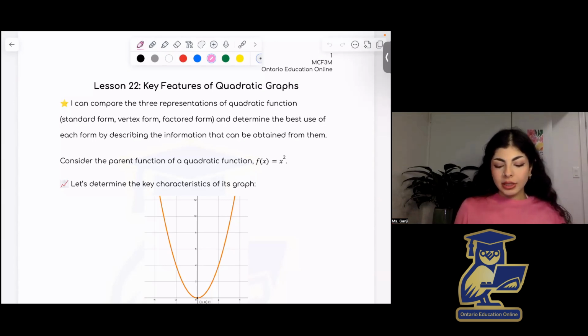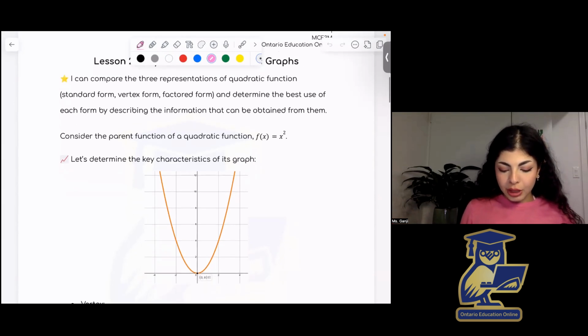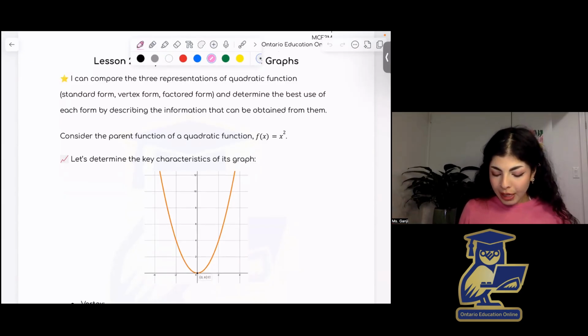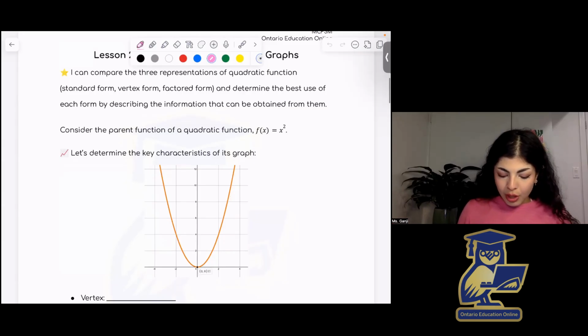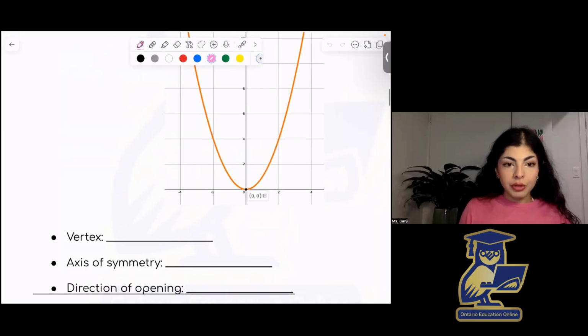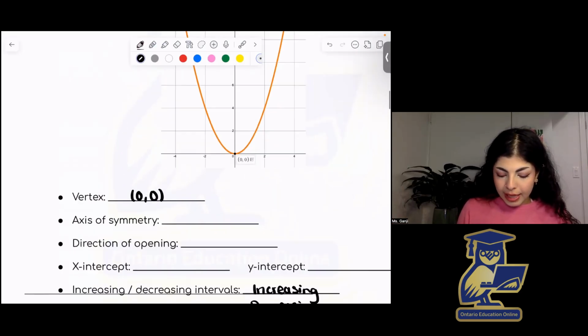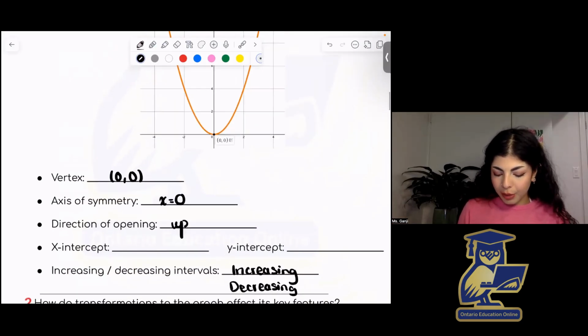So first, let's consider the parent function of the quadratic function, which is just our x squared function. And here we have its graph. So starting with the vertex, here it is just 0, 0. Our axis of symmetry is x equals 0, and our direction of opening is upward.